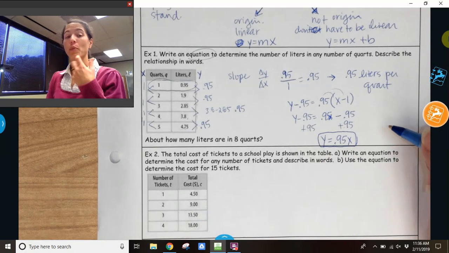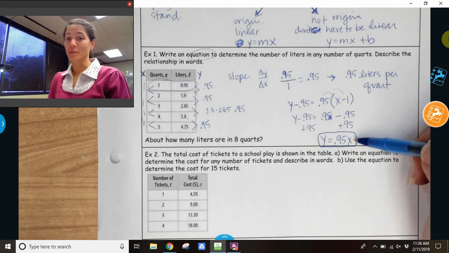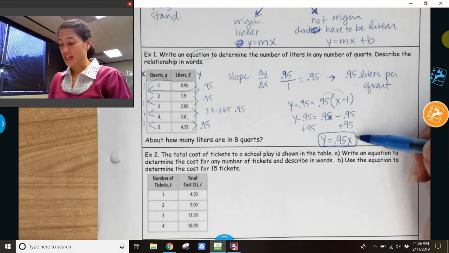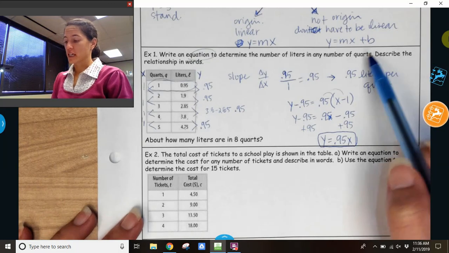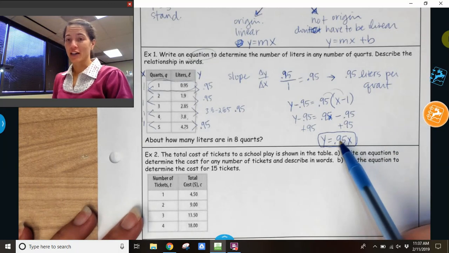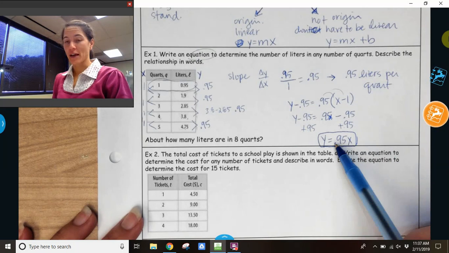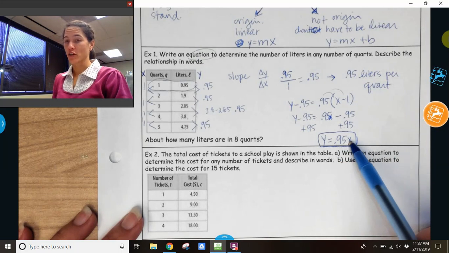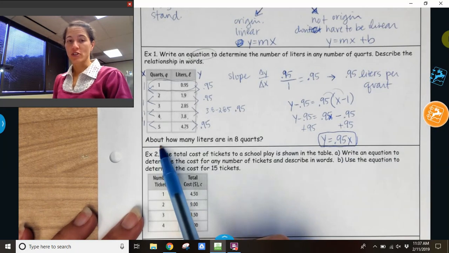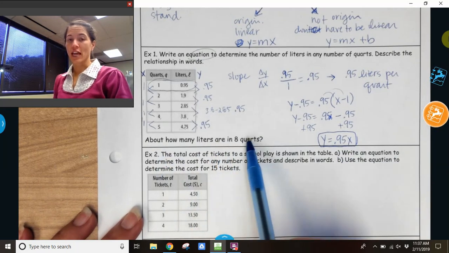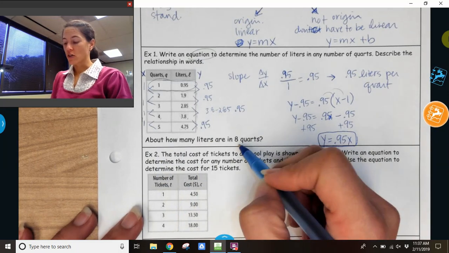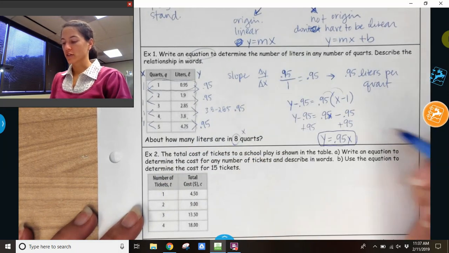So this is a proportional relationship. It's also a direct variation. And what that means is 0.95 liters per every quart. So now the question is, how many liters are there in 8 quarts? So 8 quarts represents an x value.